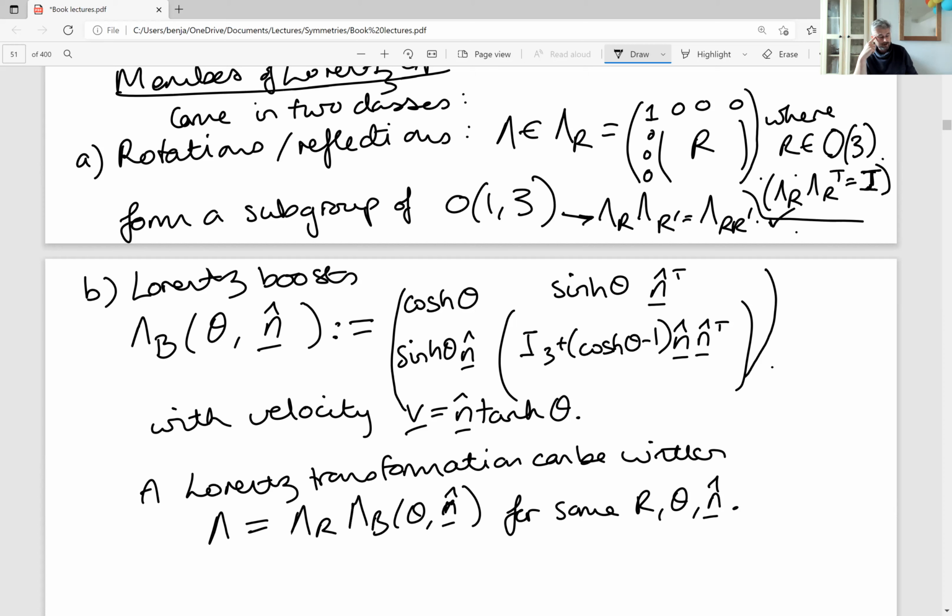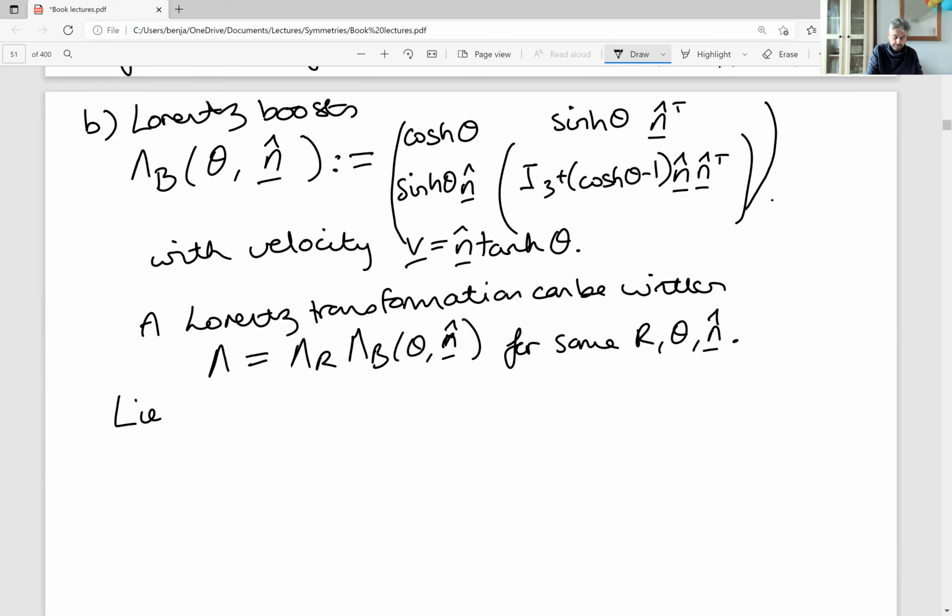So what we want to do now, those are members of the group itself. We want to look at the Lie algebra. We want to find the Lie algebra actually for the Lorentz group. So, okay, we're going to be a bit schizophrenic here and sometimes do infinitesimal Lorentz transformations, and sometimes do large ones, but I'll try to be explicit.